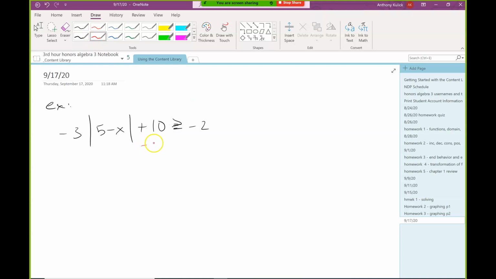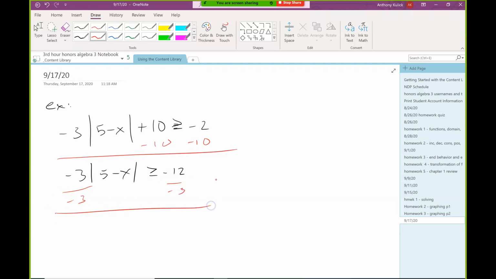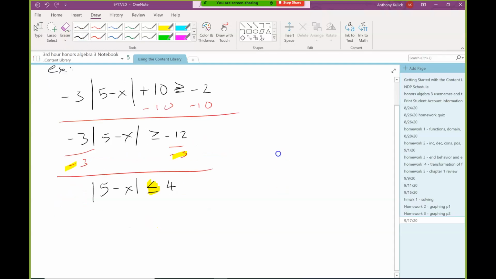We'd start by subtracting 10 from both sides. Adding and subtracting isn't going to cause an inequality to change, so nothing changes there. Next, we would divide by -3. When we multiply or divide by a negative, that's going to cause the inequality to flip. So the inequality flipped because of the negative that we divided by. So far, good?